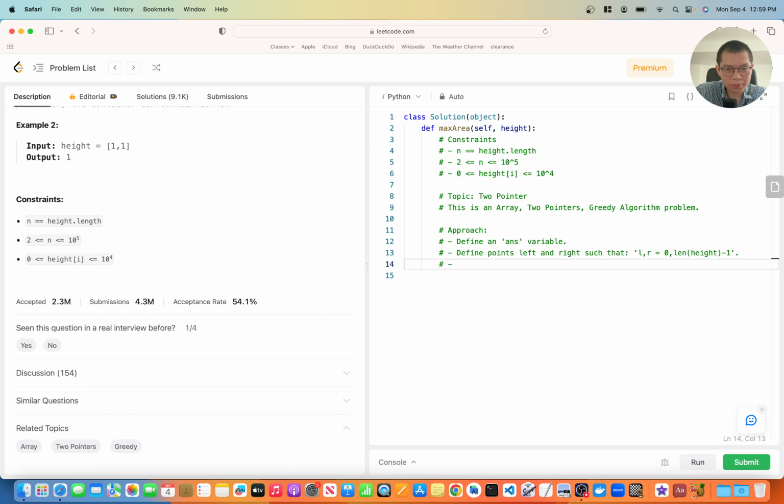Then loop through the height list while the left pointer is less than the right pointer, right?